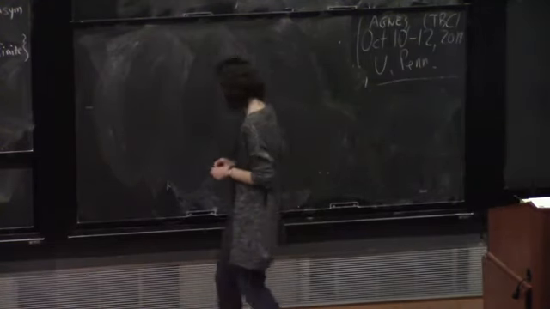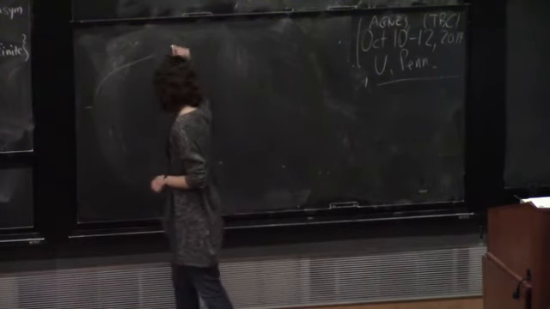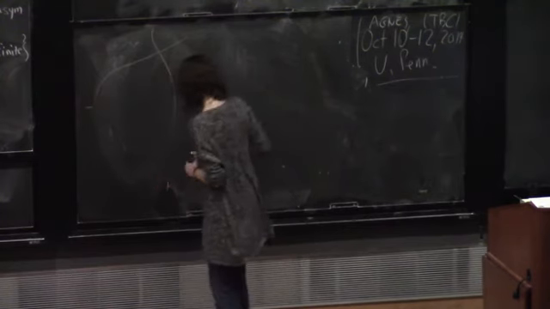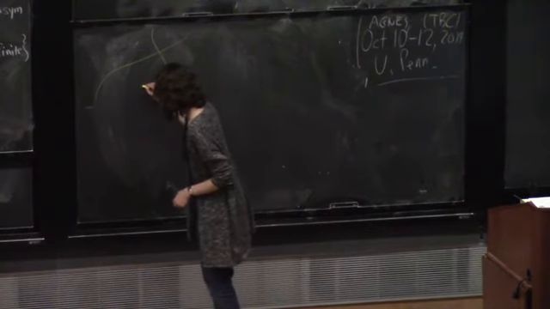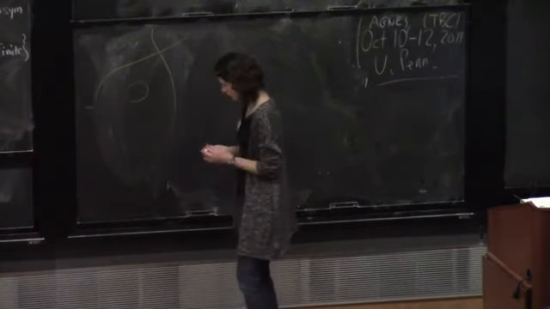So we have a surface. This is my only attempt at a drawing. So we have some quartic surface. We have a node.